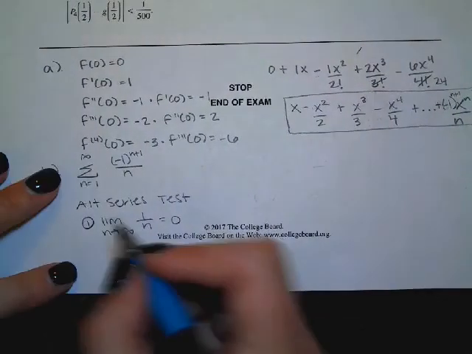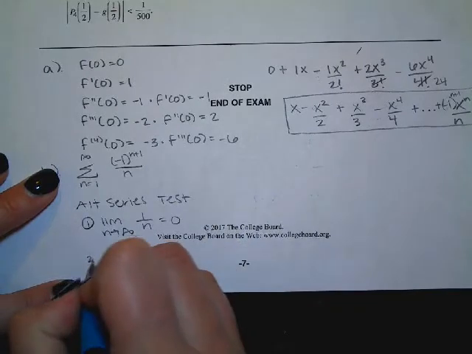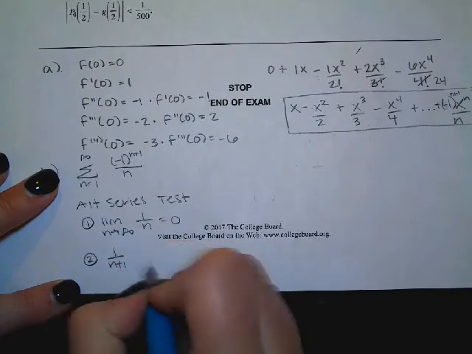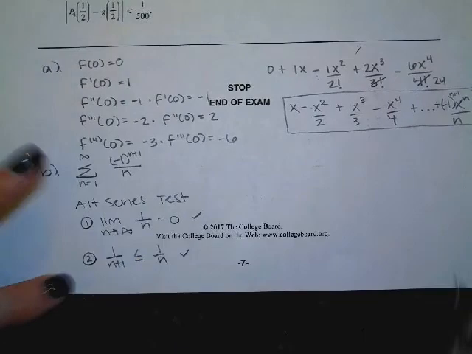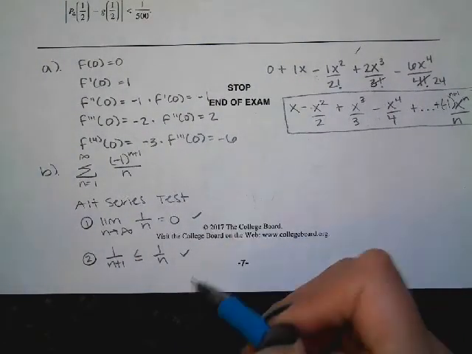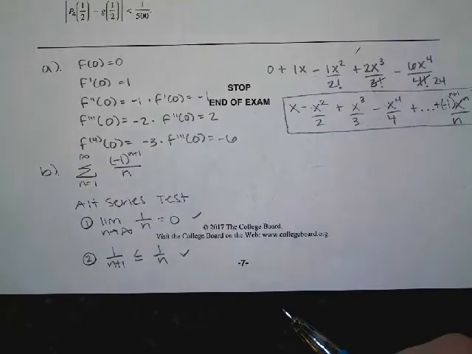And the answer is yes. Will the absolute value of it decrease? And then the second question is saying, does it decrease through the numbers? So is the next answer less than or equal to 1 over n? That's true as well. So those are the two parts of the alternating series test. They both worked. So that means that it converges. We're just not sure if it's conditional or absolute.